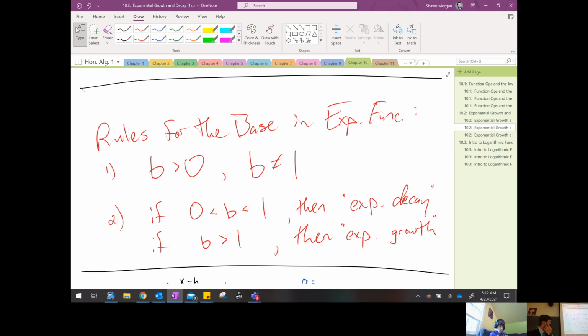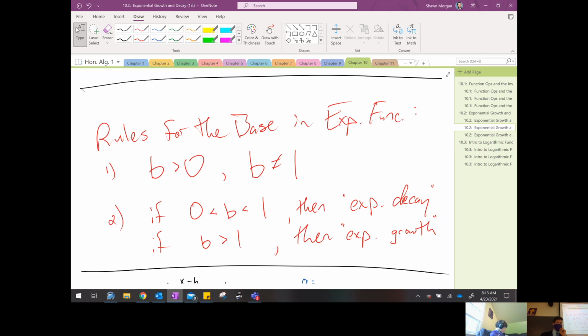If the base equals 1, then it is a straight, horizontal, flat, boring line. We don't deal with the base of 0, again, because that would be trivial. It'd be a horizontal line at the x-axis with a hole in the middle. And if the base is negative, the graph jumps all over the place, and it's a discrete graph, and that's, again, not germane to this discussion. So you got two types of exponential functions, growth and decay. And you can tell the difference between the two right there.